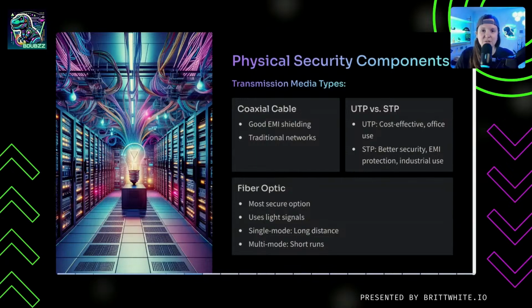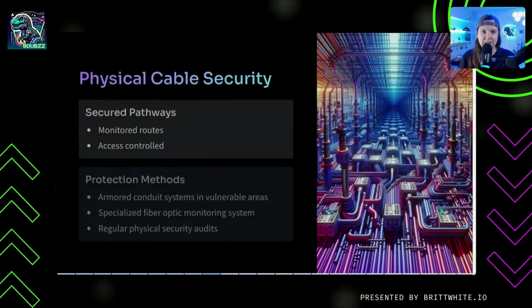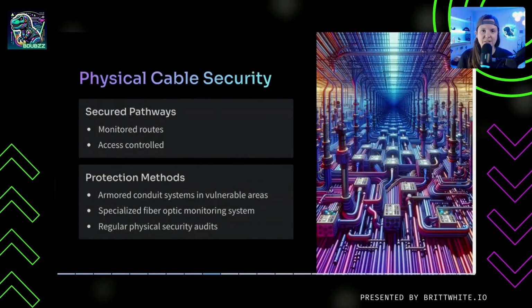When it comes to physical security, protecting network infrastructure requires a comprehensive approach that's beyond basic cable protection. The first line of defense involves routing all network cables through secured pathways that are continuously monitored and access controlled. In exposed or vulnerable areas, we implement armored conduit systems to prevent physical tampering or damage.